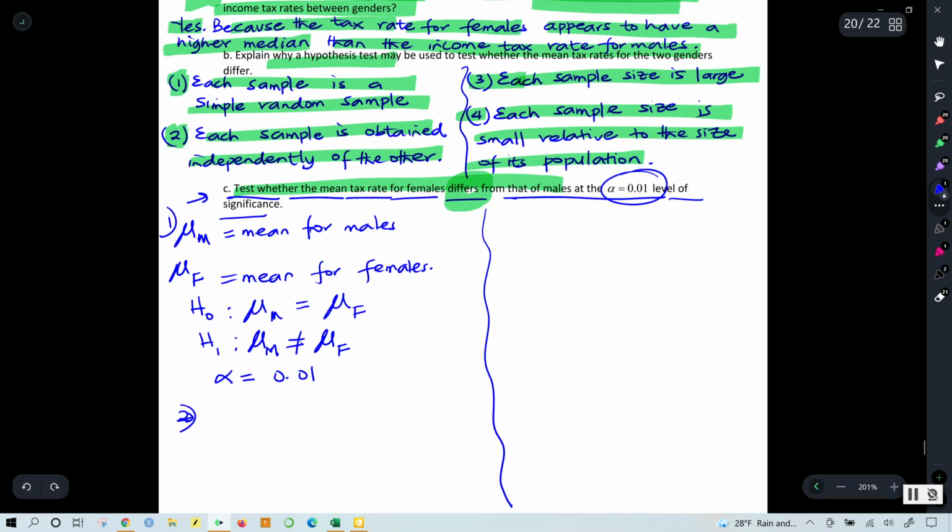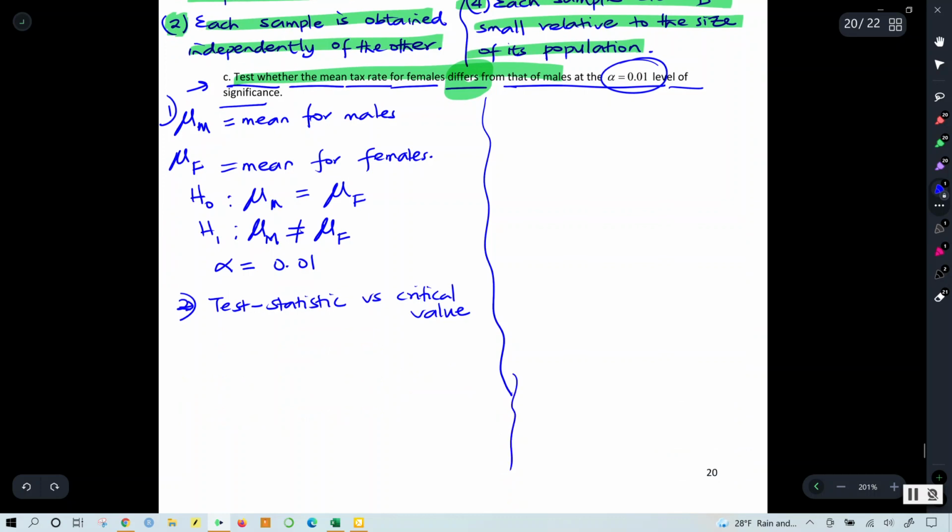Step 2 would be to get the test statistic versus the critical value. And in step 3, we will get the p-value in the same process. So how do we do that? We go to StatCrunch.